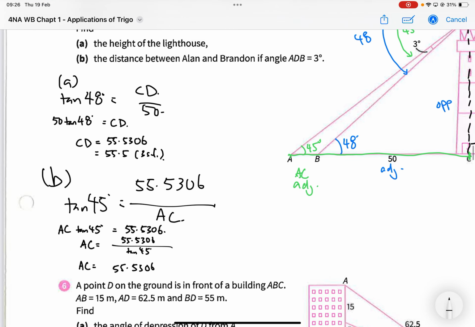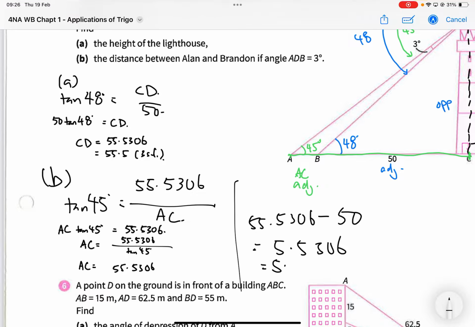The final answer is AB, the distance between A and B. So we have to take 55.5306 minus 50, which equals 5.5306, which is 5.53 to three significant figures.